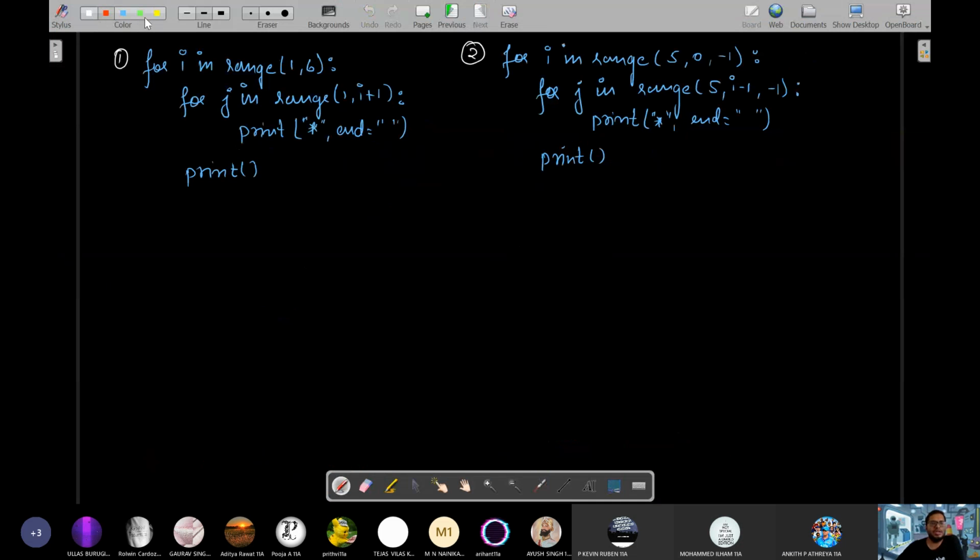So now the next question is yours. You will have 1, 2, 3, 4, 5. So think of any of the numeric patterns of this sort that you have solved. Any that comes to your mind.